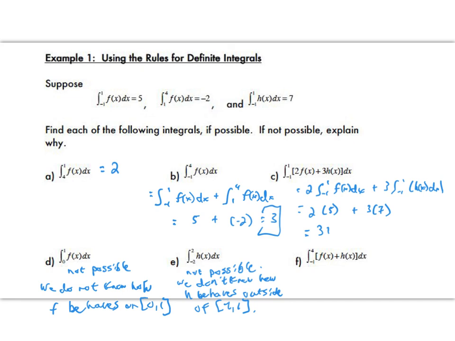And for the same reason as part E, this too is not possible, because we don't know how h behaves outside of that particular interval. Try not to use an arrow like I did in your example. Sorry about that. Okay, folks, so that is a quick introduction into the properties of definite integrals.